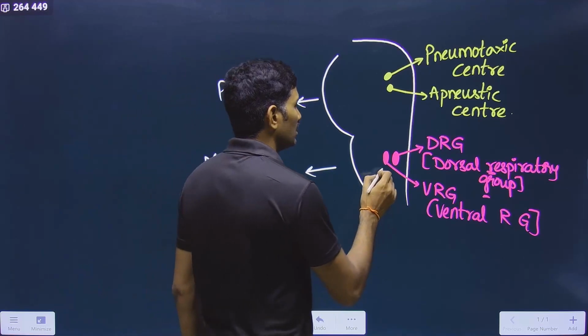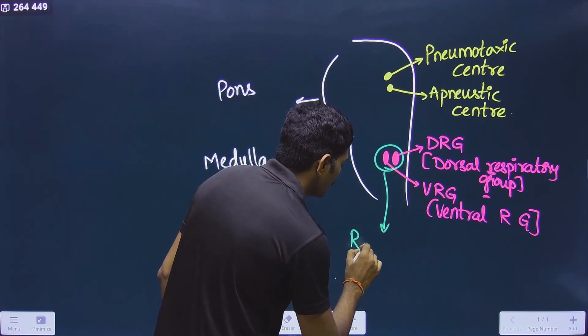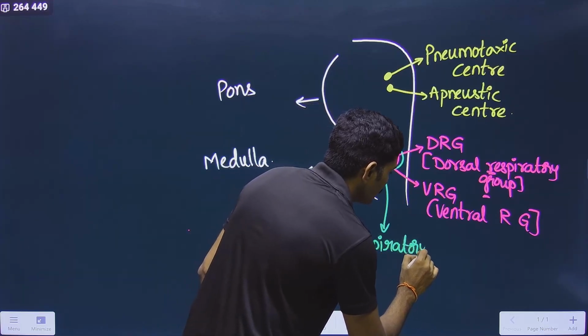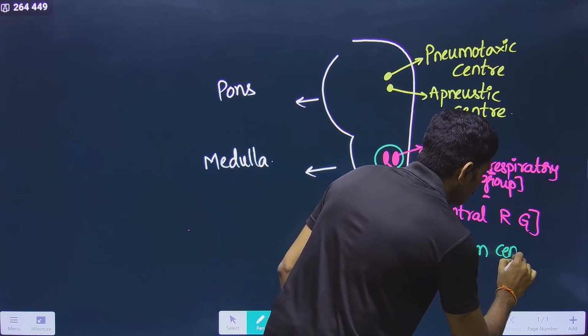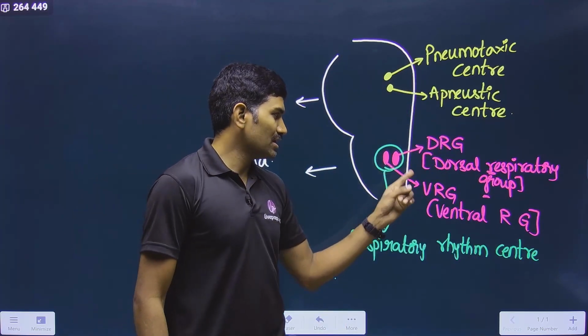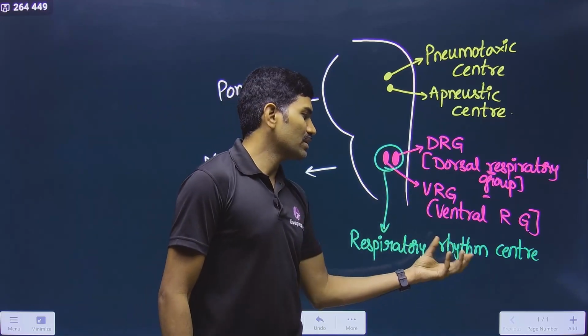Instead of these two names, in the NCERT they have given a respiratory rhythm center. Please observe carefully: in the NCERT they did not use the words dorsal and ventral respiratory groups. Directly, they have given the name respiratory rhythm center.